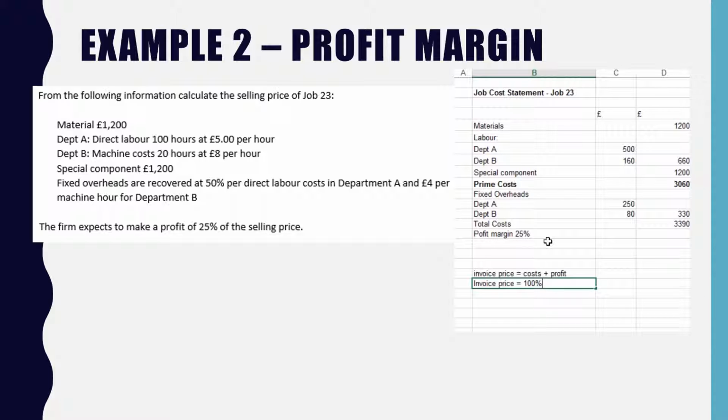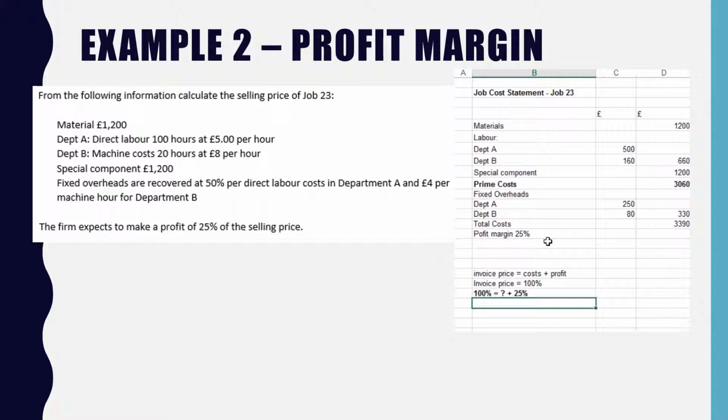So our invoice price is made up of the cost plus the profit, and that makes up 100%. Now we don't know what percentage the costs are, but we do know that we want to make 25% on our selling price. So our invoice price is made up of a value for costs plus 25%.